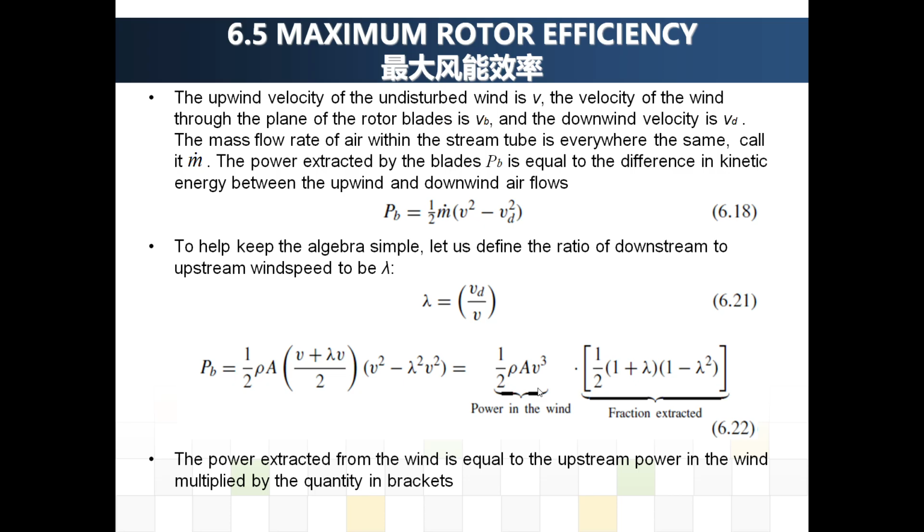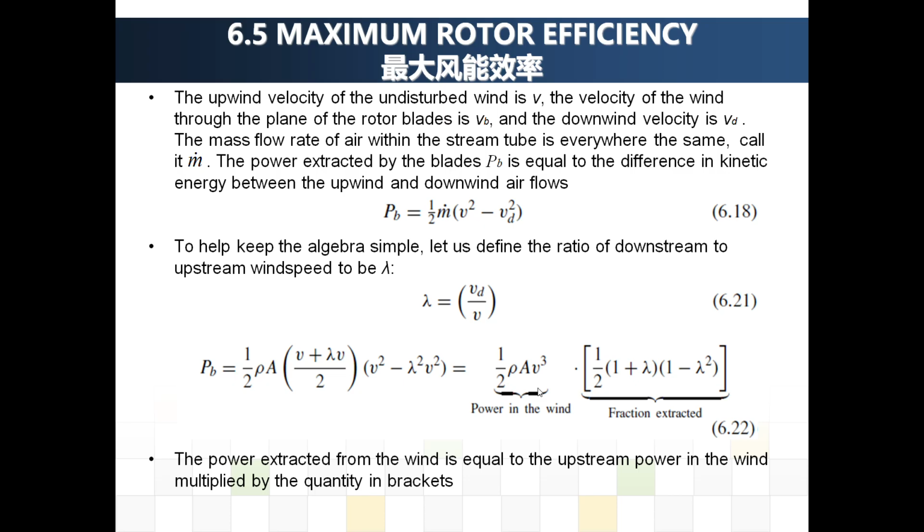To help keep this algebra simple, let us define the ratio of downstream to upstream wind speed to be lambda. Lambda is equal to Vd divided by V, the downstream wind speed divided by the upstream wind speed.